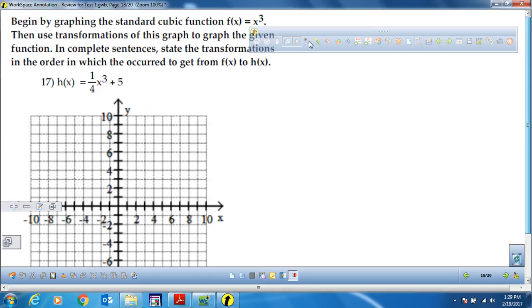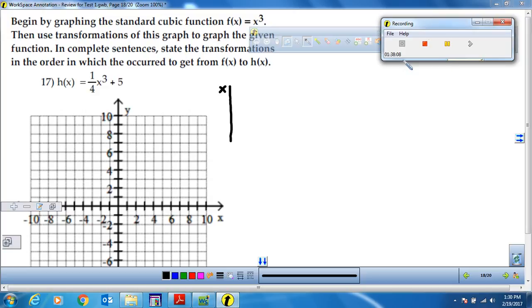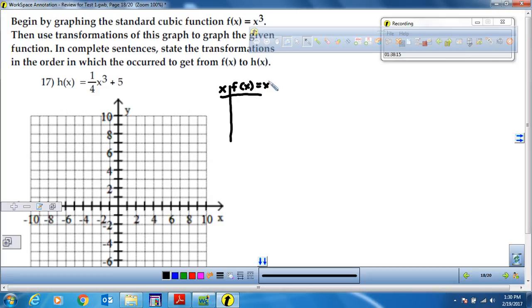So we're going to start with f of x equals x cubed. That's the first function that we need to begin with. So right here, f of x is equal to x cubed. That is my function. And for x cubed, just as usual, we're going to use the usual points, which is -2, -1, 0, +1, and +2.